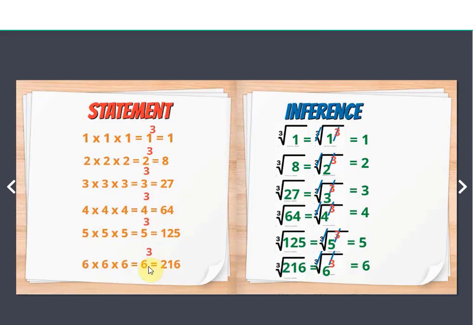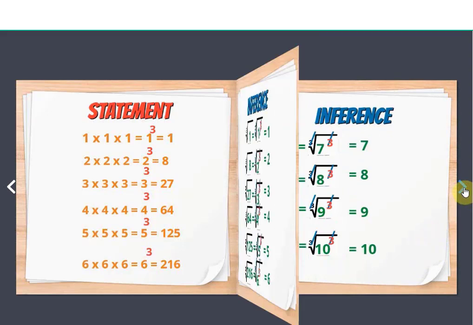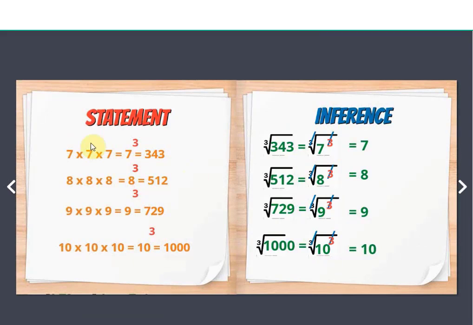Since 6 power 3 equals 216, then the cube root of 216 equals 6. We can keep this. Also, since 7 power 3 equals 343, then the cube root of 343 equals 7.